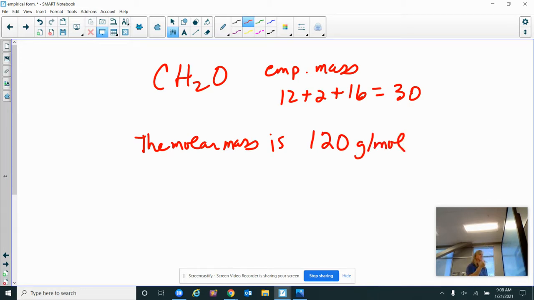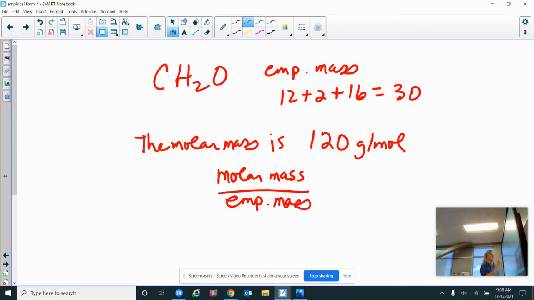then we will always divide molar mass by empirical mass, and we have to get a whole number. Okay, so molar mass divided by empirical mass. So if the molar mass is 120, the empirical mass is 30, that comes out to be 4. So that's the number we multiply the empirical formula by.